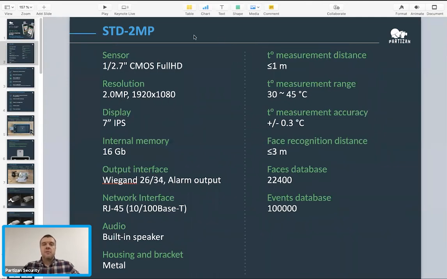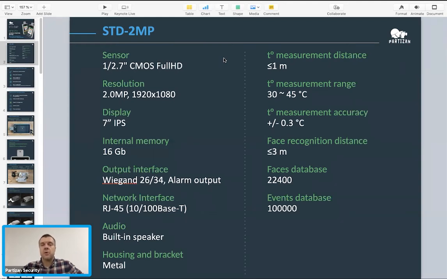The housing of this device is made from metal. The measurement accuracy is quite good because we are using some of the best sensors on the market, which I will explain later on. That's how we achieve really good measurement results.